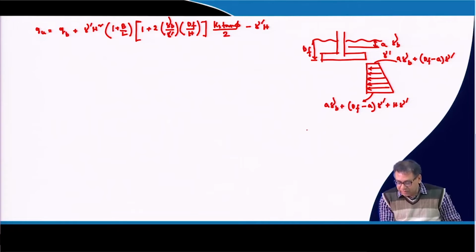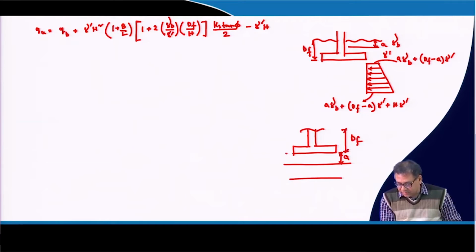In another case, suppose the water table is below the base of the foundation. Suppose water table is here with a distance of A, this is df, and then this portion is h. Then what would be the pressure distribution?